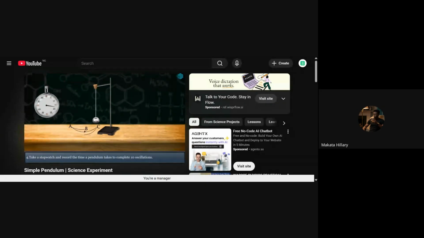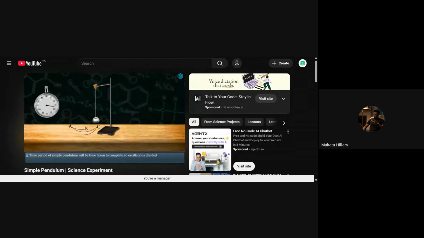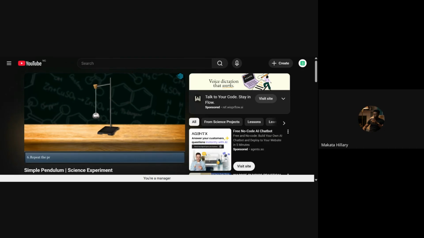Number 5. Time period of simple pendulum will be time taken to complete 10 oscillations divided by number of oscillations. Number 6. Repeat the process with different length of pendulum.